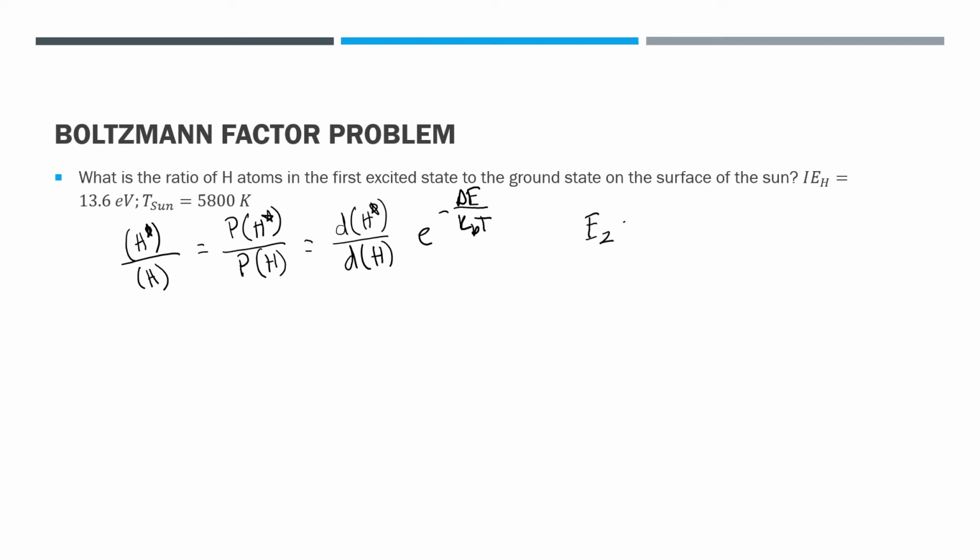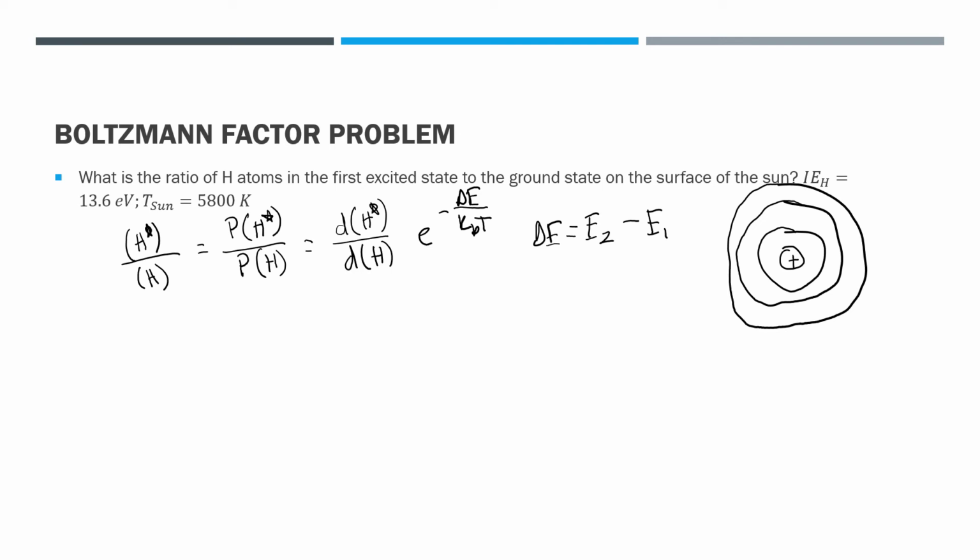First, we want to figure out what E2 and E1 are. This is what our delta E is. Let's look at what the hydrogen atom looks like. We have these different shells around the nucleus. And we know that ionization energy is defined as the amount of energy it takes to take an electron from the ground state and remove it all the way to n equals infinity. At n equals infinity, the potential energy of that electron is 0, because there's no attraction between the electron that far away and the nucleus of the atom.